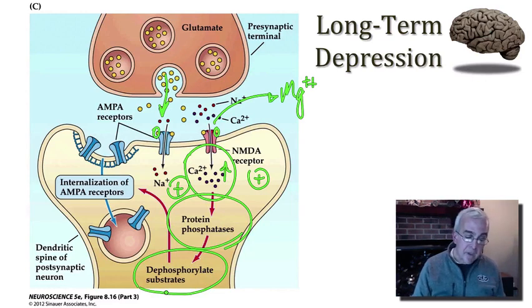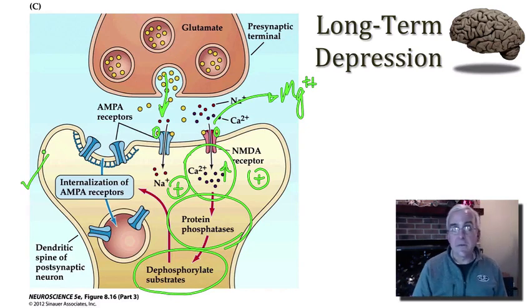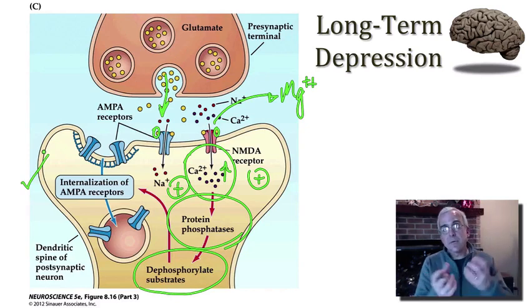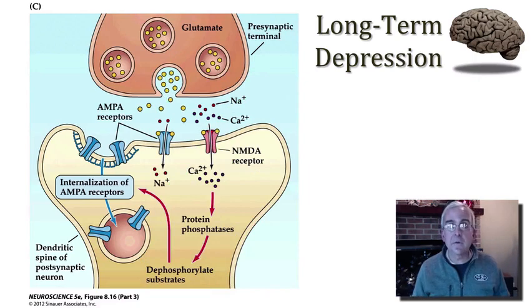With the activation of these protein phosphatases, what we see is the internalization of AMPA receptors. So the removal of AMPA receptors from the postsynaptic membrane means that we cannot generate as much current density at that postsynaptic membrane when glutamate is released. And that, in effect, is the weakening of the postsynaptic process. So remember, both long-term potentiation and long-term depression require activity. They both require activation of AMPA receptors and glutamate receptors.